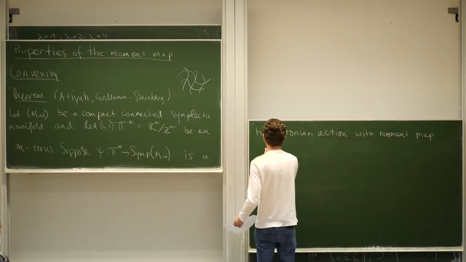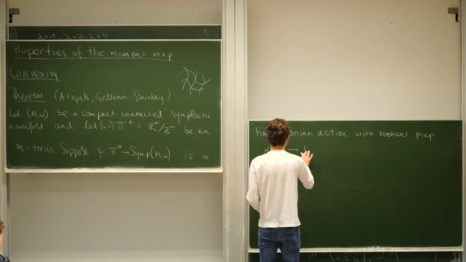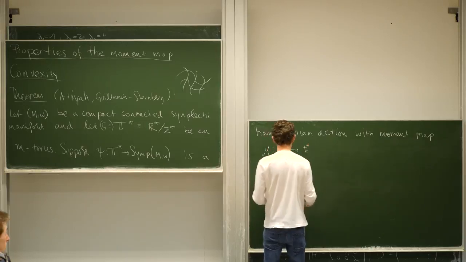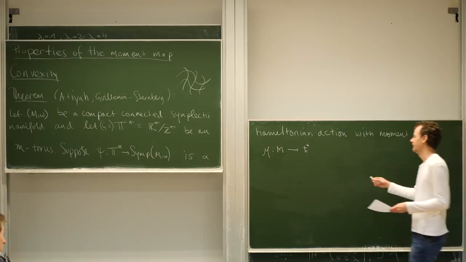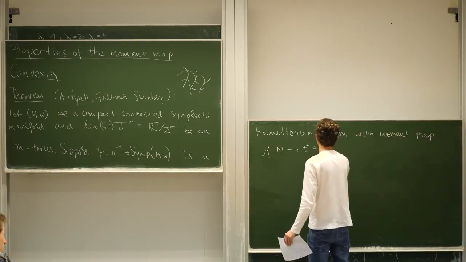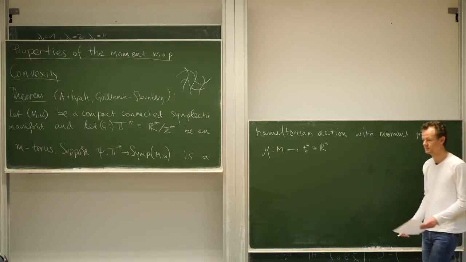And it has a moment map, which is a map from the manifold to the dual of the Lie algebra. It's just here denoted T star. And T star is equivalent to R^m in this case.